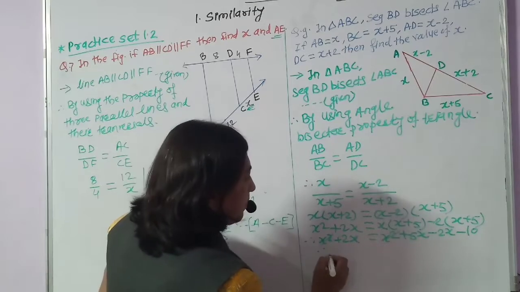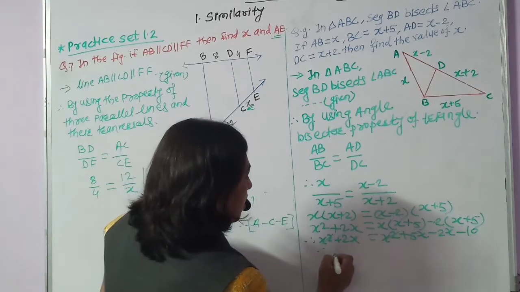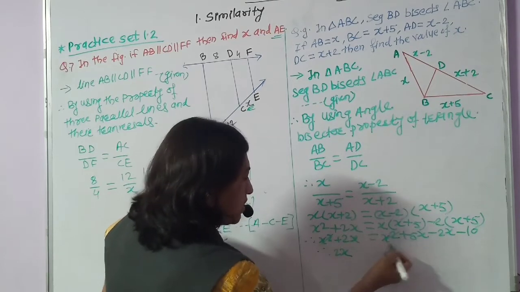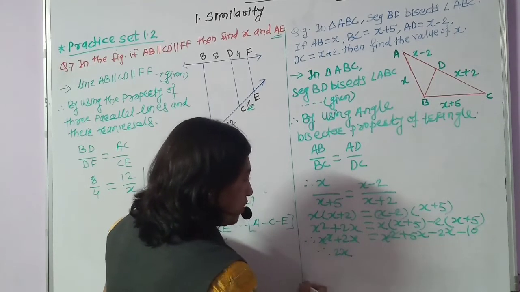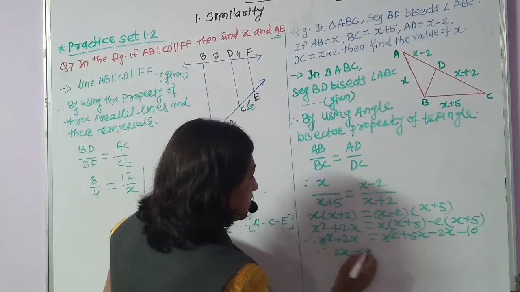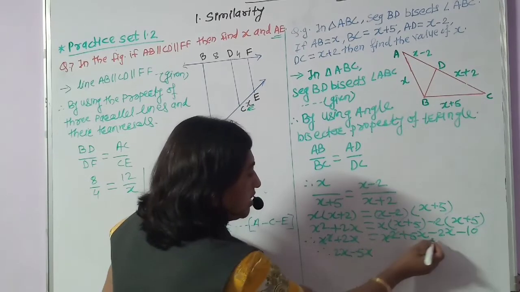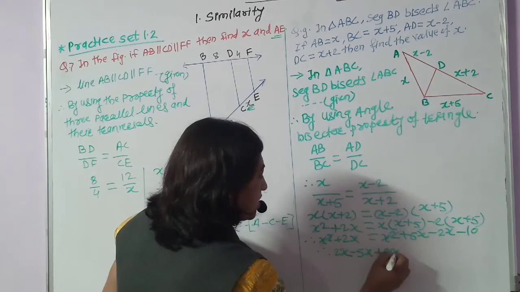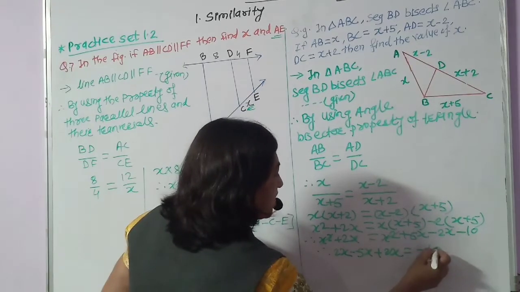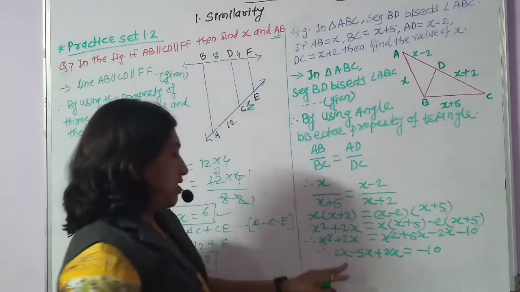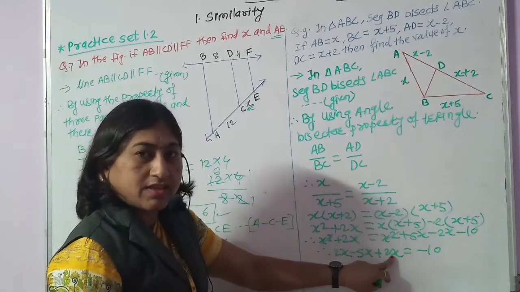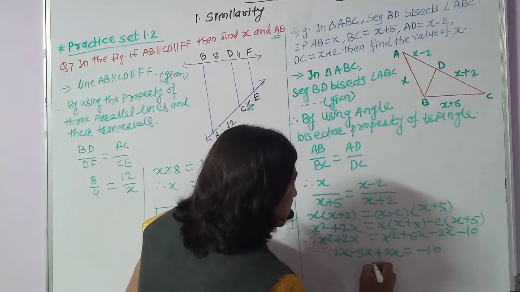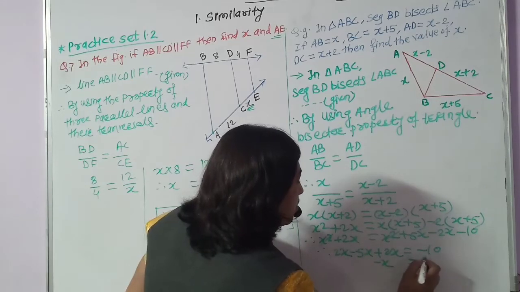Therefore, this 2x and this 5x, if we take this 5x to that side, we get minus 5x, and this minus 2x, if we take to that side, we get plus 2x, which is equal to minus 10. If we take the addition, 2x plus 2x is 4x, 4x minus 5x equals minus x, equal to minus 10.